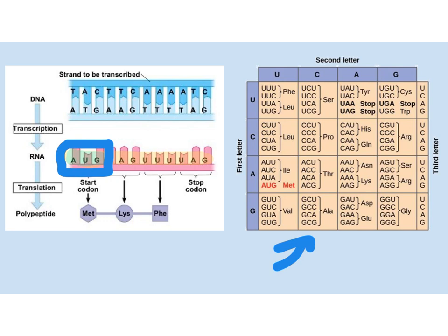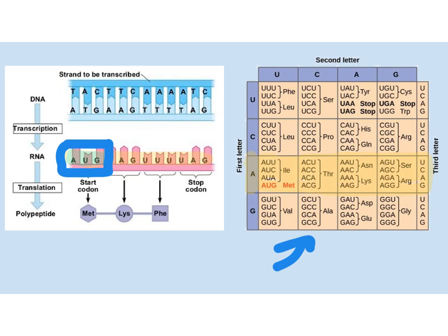The first letter is A. On this first column right here is where all your first letters are. So my first letter is A, and now I'm only focusing on these columns. All the other columns aren't important to me.